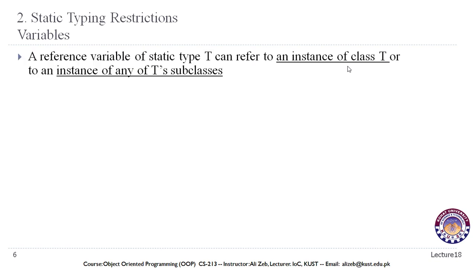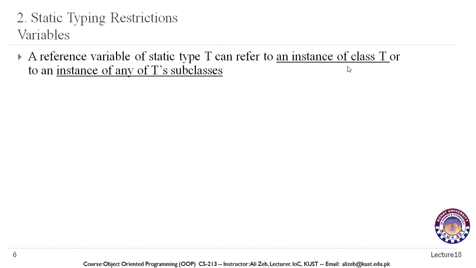Static type restrictions: a reference variable of static type T. For example, if we declare an object of type T or a class type T, it can refer to an instance of class T. We understand that.